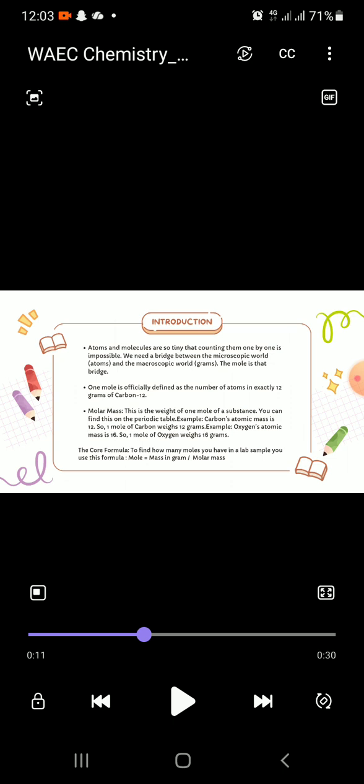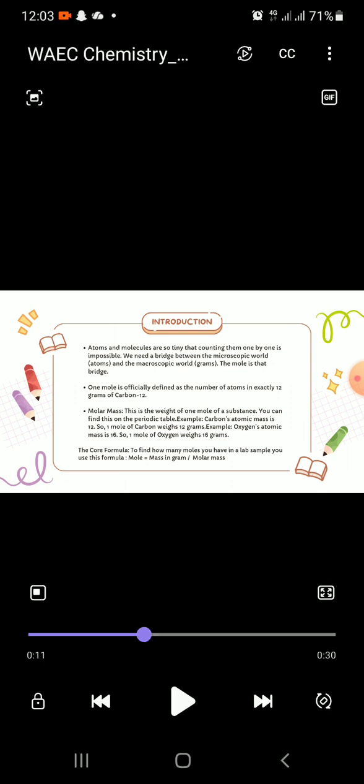For even-numbered atoms, you multiply by 2, and for odd-numbered atoms, you multiply by 2 and then add 1. Like chlorine, which is 17 in the periodic table: multiply by 2, that gives you 34, then add 1. Although there are exemptions and it doesn't work for all atoms, it works most times.